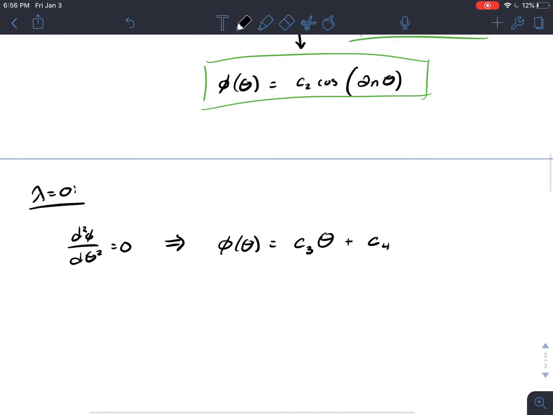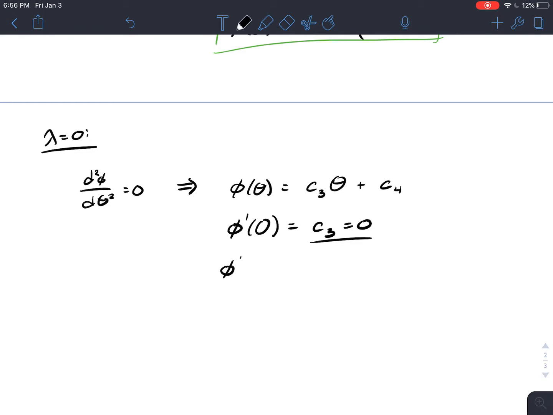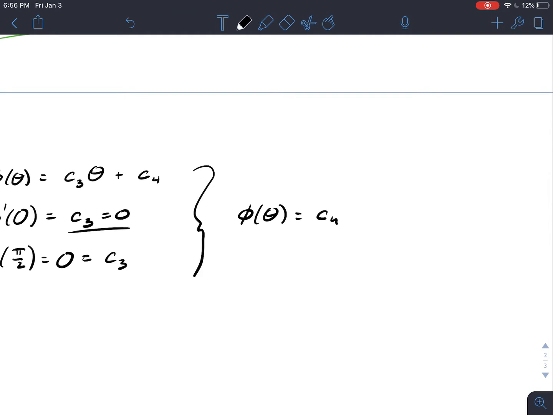If we plug in the first boundary condition, the first derivative at 0 is just going to tell us that c3 is also equal to 0. But phi prime at pi over 2 is also equal to 0, but we just showed that c3 was equal to 0. So consequently, after applying the boundary conditions, we find that phi of theta is just equal to c4.